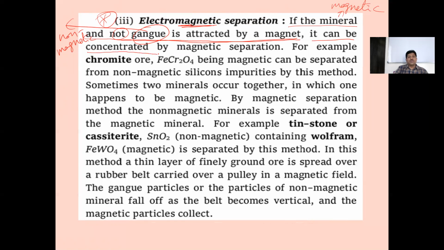This type of impure ore can be concentrated by magnetic separation.